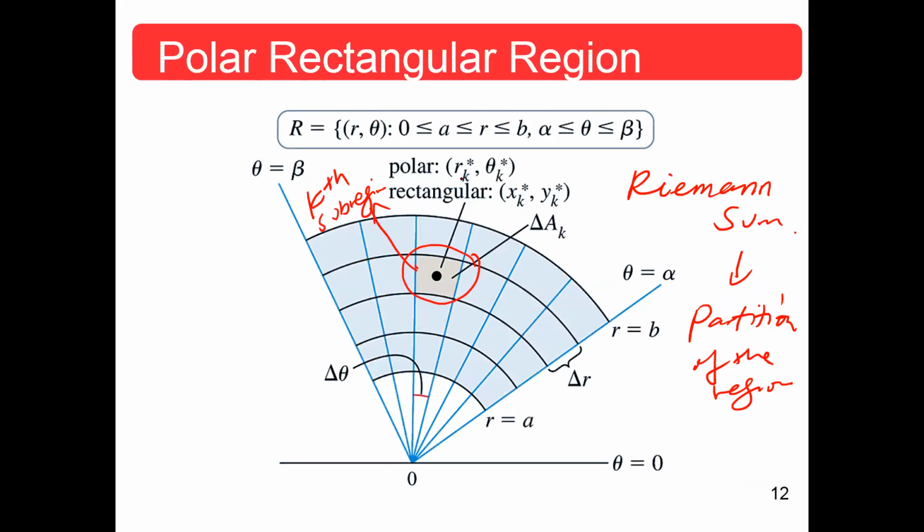It's r_k star, theta_k star using r and theta, and this is the representative one. In rectangular coordinates, it will just be x_k star and y_k star. Is that good so far, guys? Yes. Okay. And therefore this little part will just be the change of radius, delta r, and this angle here will just be the change of theta, delta theta.